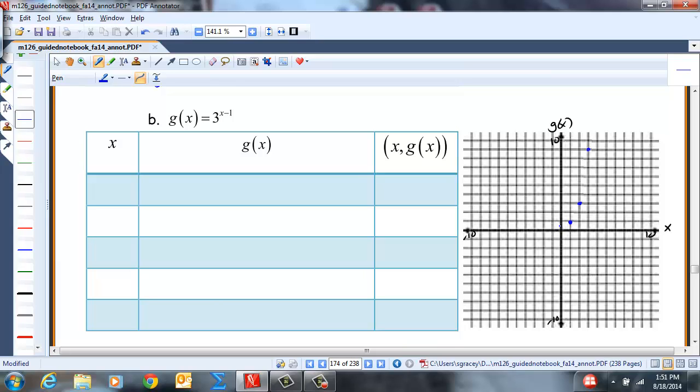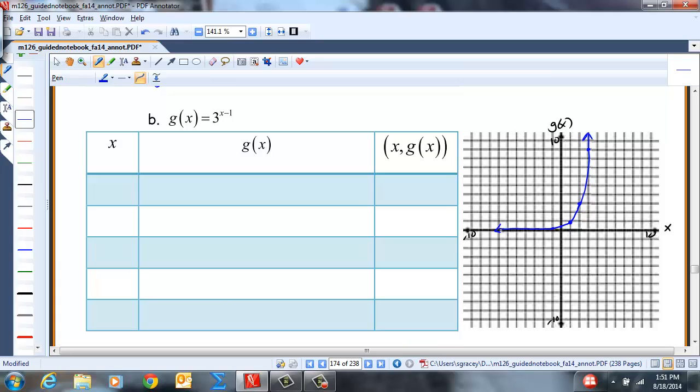And then we'll have 0, a third, and negative 1, a ninth. Okay?